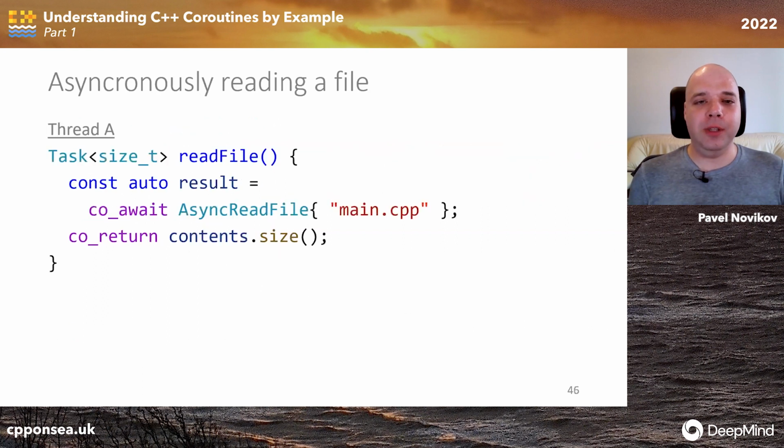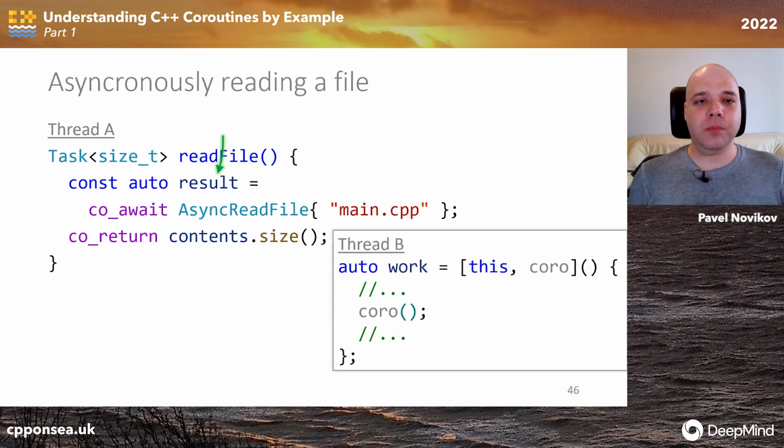Why does it happen like that? So thread A, for example, our main thread, we have this coroutine running, we get to inside the coroutine, we create a worker thread by co-awaiting on async read file. Our worker thread eventually will resume this coroutine.